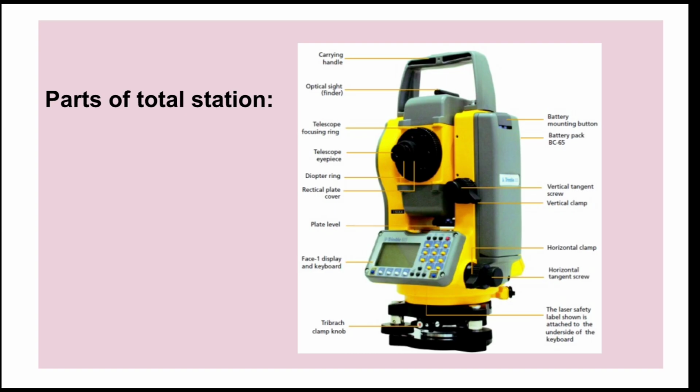As you can see here, these are the parts of the total station. It has different parts like the telescope eyepiece, telescope focusing ring, etc., and display and keyboard, and battery mount. It clearly shows the face left and face right position of the total station.